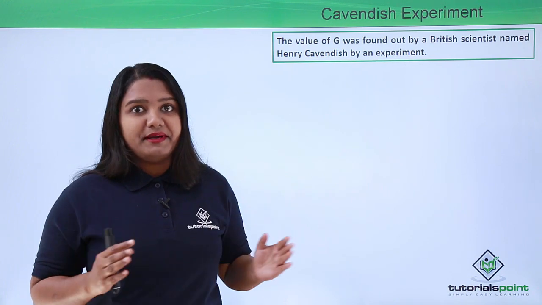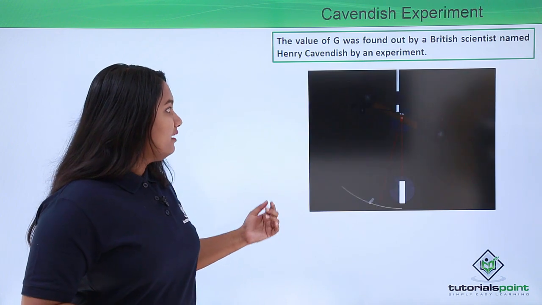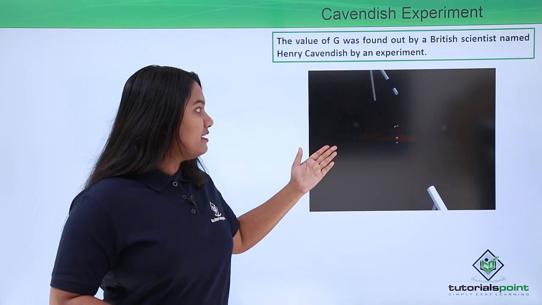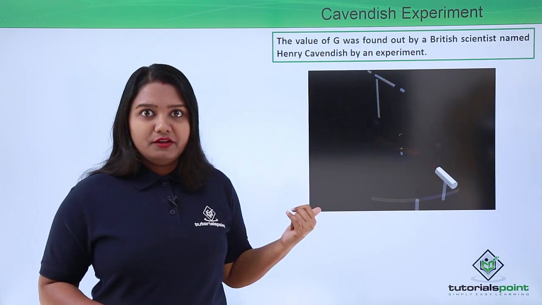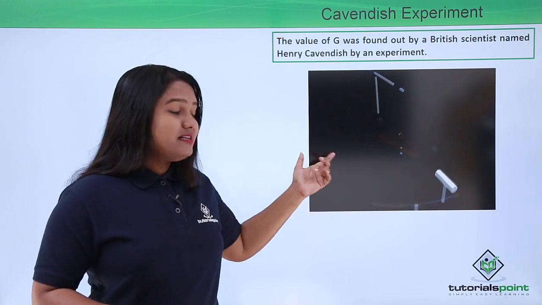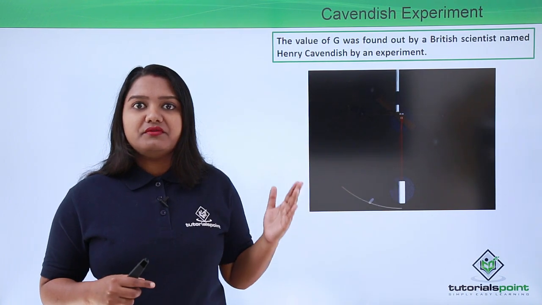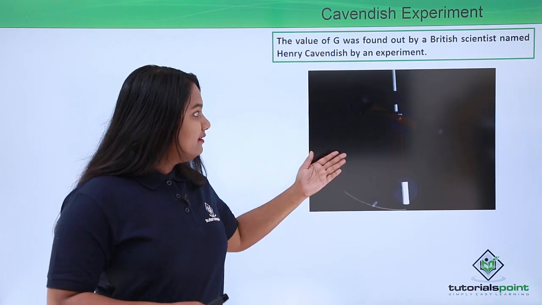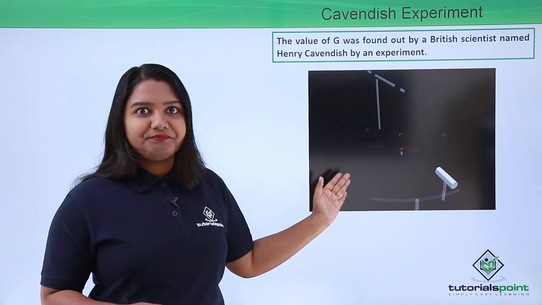All of them were made up of lead. Now he was somehow able to calculate the force of attraction between a bigger ball and a smaller lead ball, and that's what he made use of while calculating the value of the universal gravitational constant, and this is the apparatus that he used for his experiment.